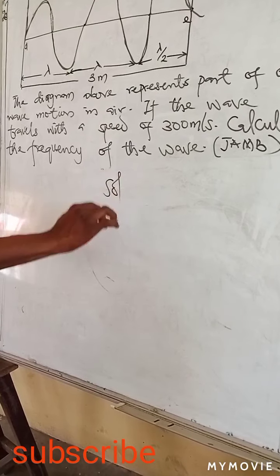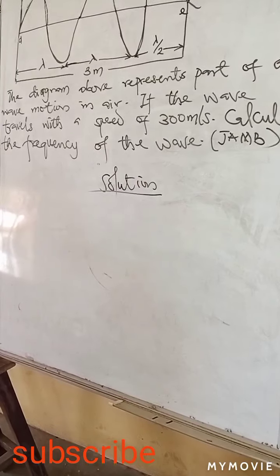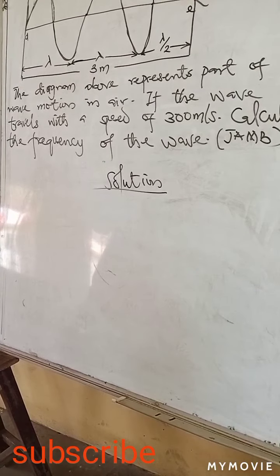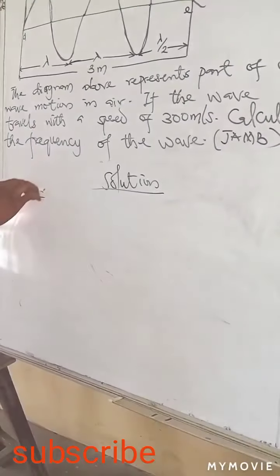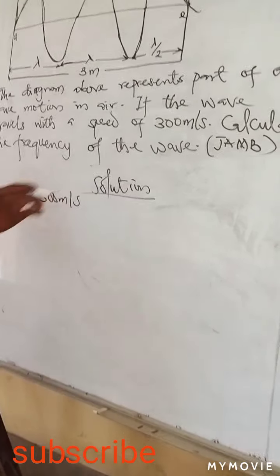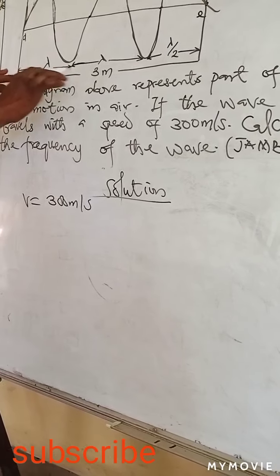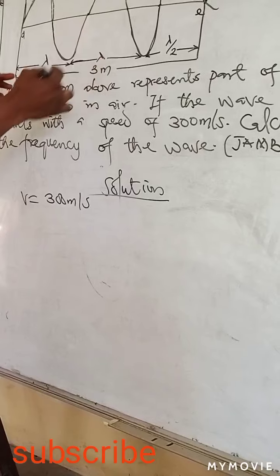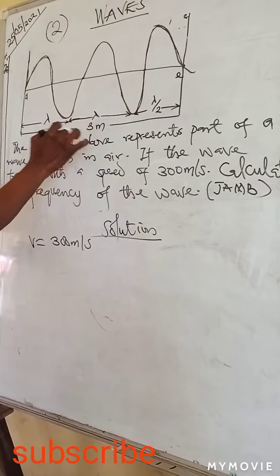Solution. The first thing we do, we write down the given parameters: the speed is 300 meters per second. And if you look at the graph, you have been given a specific distance.